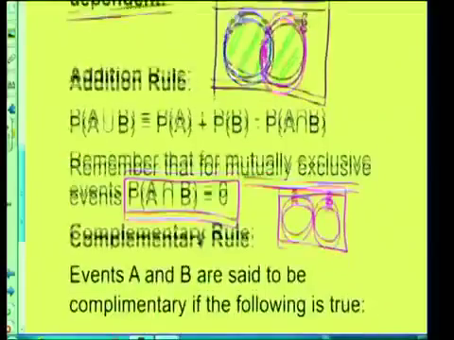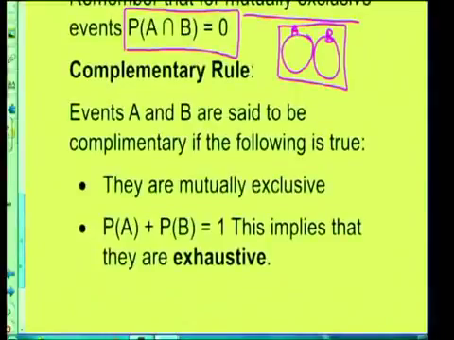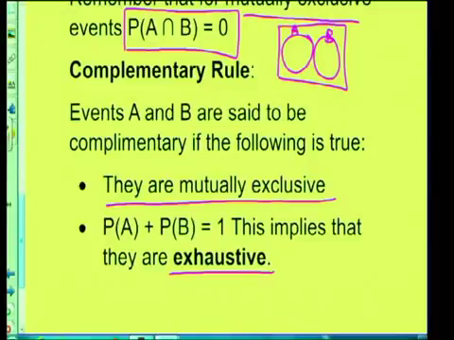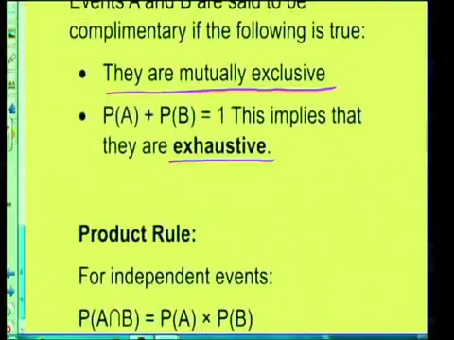Right, the complementary rule. Events A and B are said to be complementary if the following is true. Firstly, they are mutually exclusive. And secondly, the probability of A added to the probability of B is 1, and this implies that they are exhaustive. So in other words, you can't have other options.